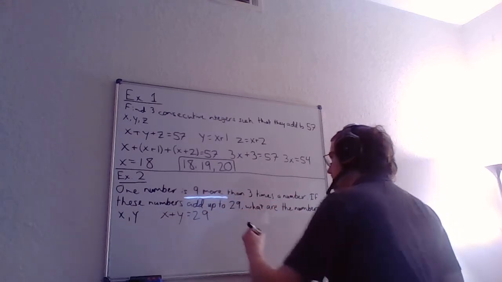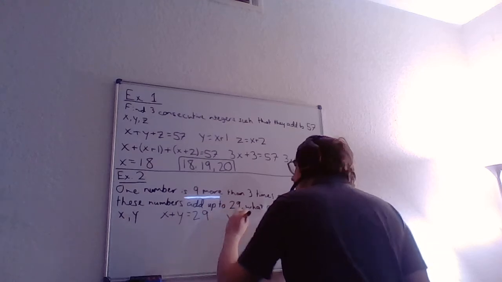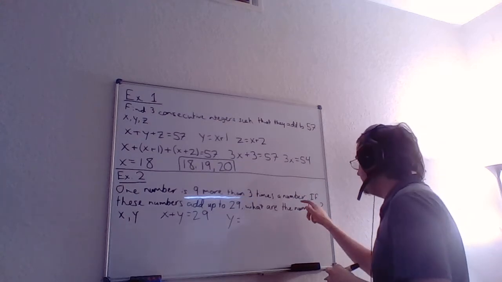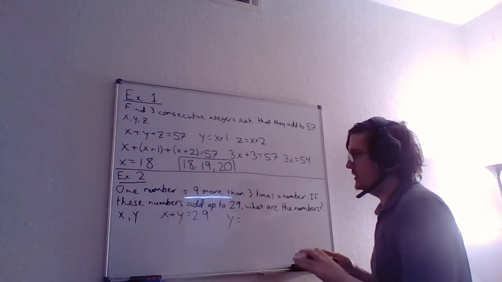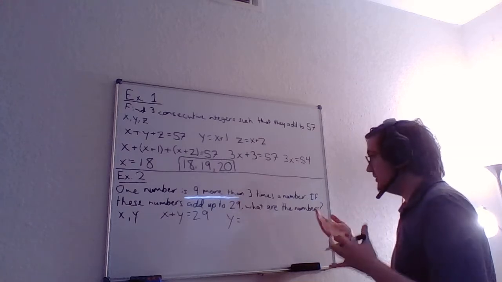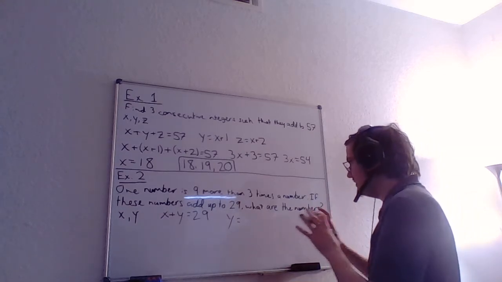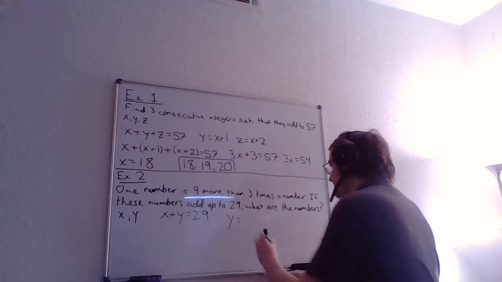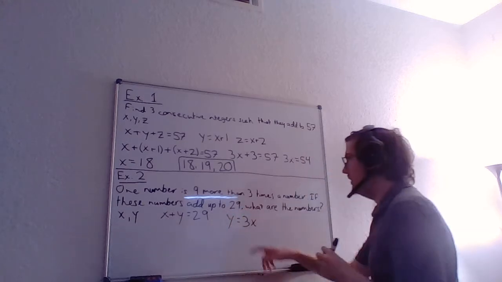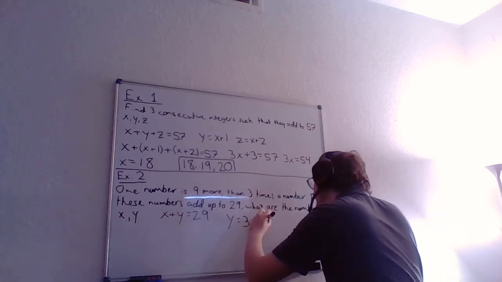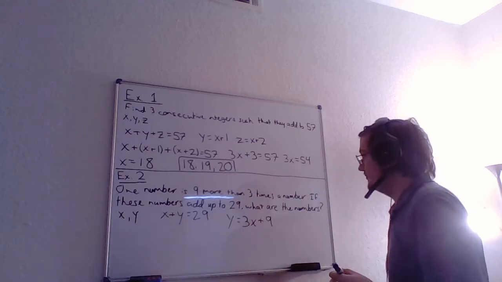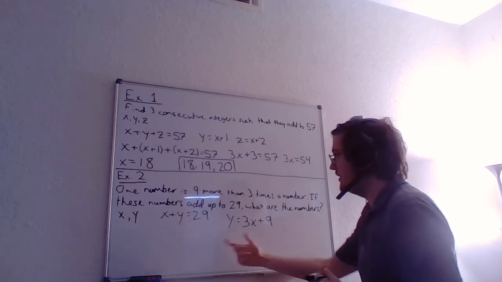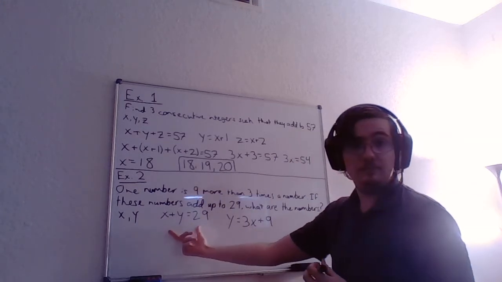So, let's say y is the one number, and then the other number is x. It doesn't matter which one's which since you're making up the variables, but let's just be, for the sake of consistency, let's say that. So, we have 3 times a number, so 3 times x, and then 9 more than that, so plus 9. That's it. So we have our two equations. We have y equals 3x plus 9, and then we have x plus y equals 29.